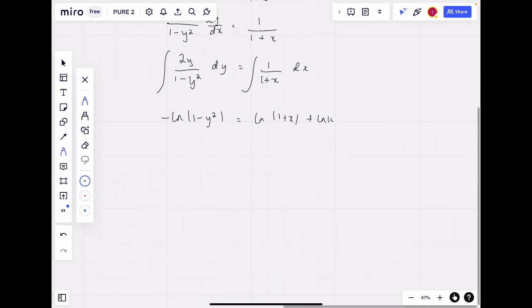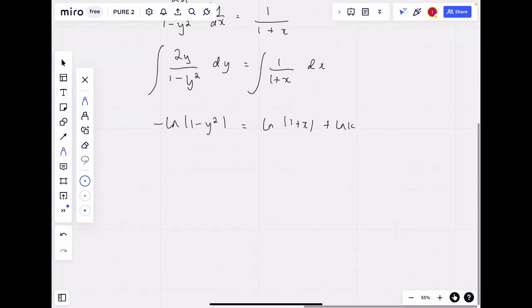From here, let's use our log rules. If there's a minus there, that means it's minus 1, which then becomes the power, and we know this positive really means multiply.